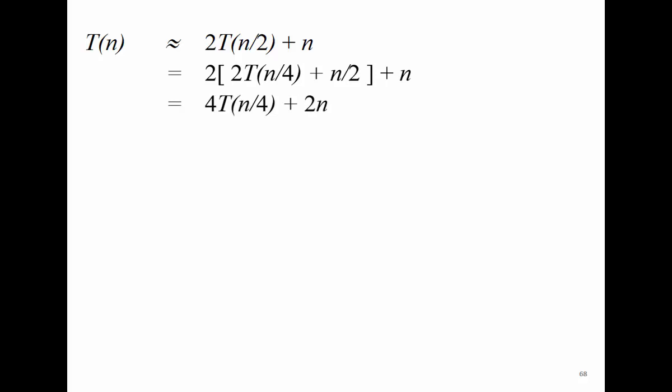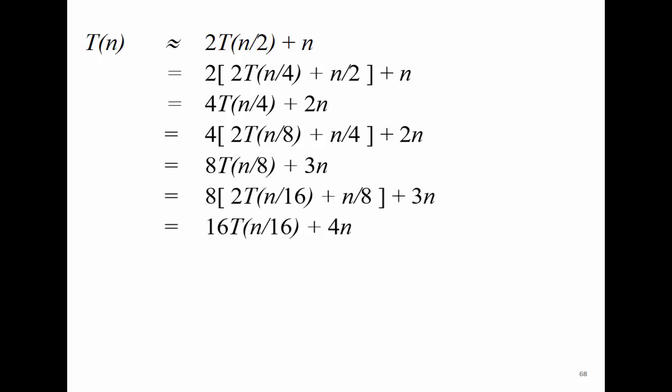So all these steps are just to show you step by step how we end up with this formula: T(n), the time complexity to merge sort an array of size n, is equal to 2^k times the time complexity of n divided by 2^k plus kn.